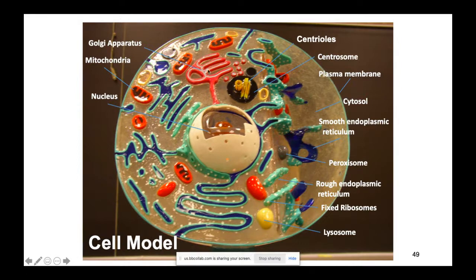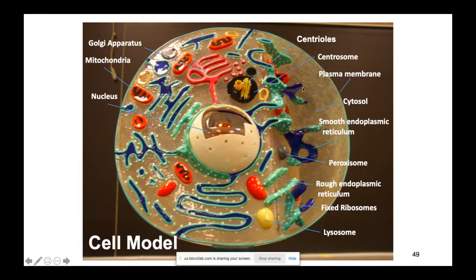Here is the Golgi complex, also known as the Golgi Apparatus. Here is the mitochondria. Then we have lysosomes and peroxisomes. Again, they may look similar, but their structure is different, which means they function different.